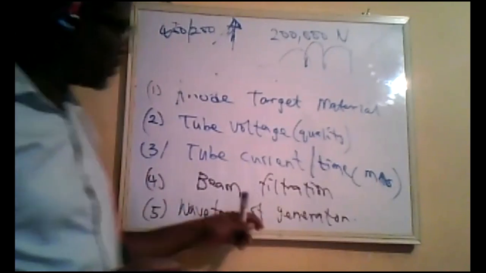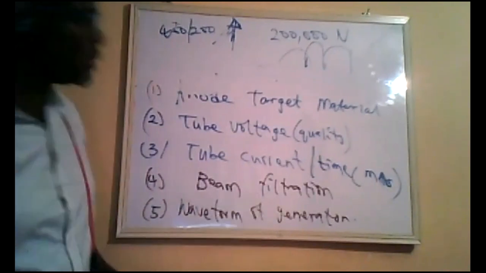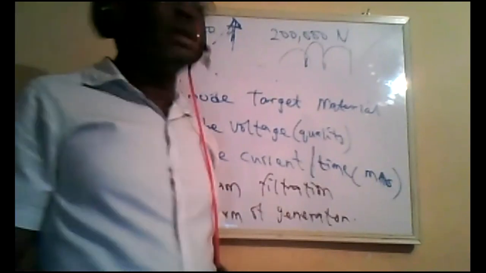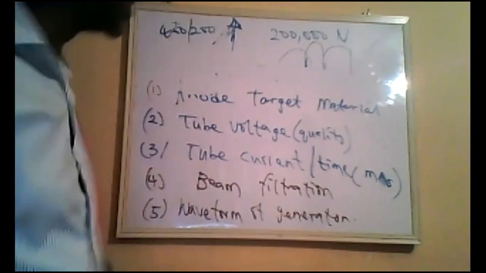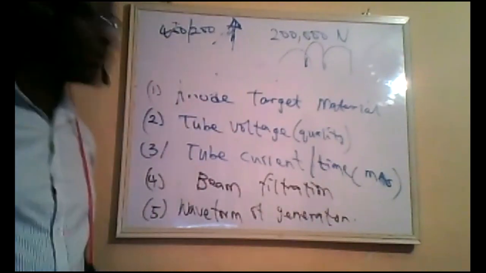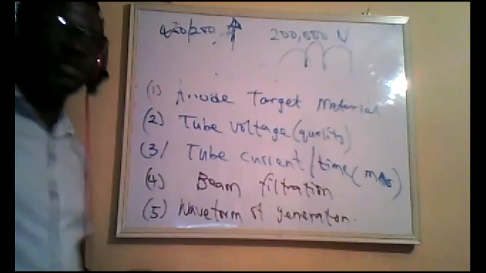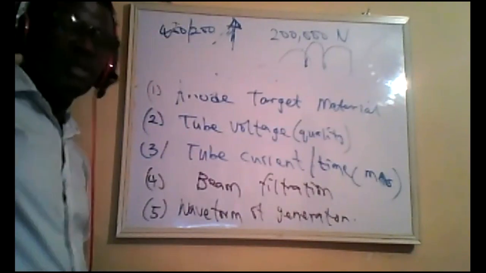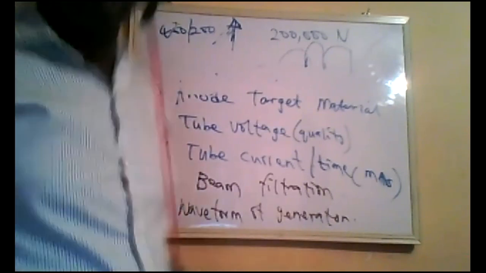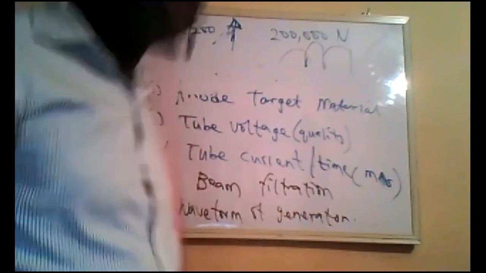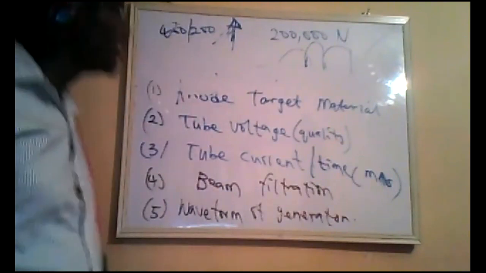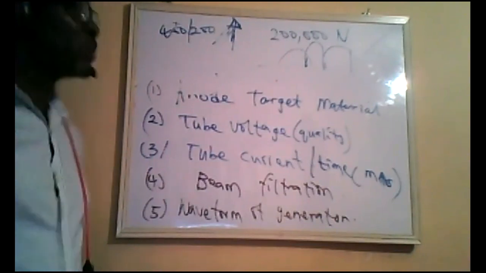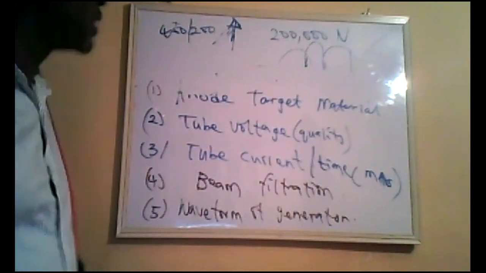So the waveform of the generator also helps in defining the type of X-ray that will come out from the machine, how the energy is going to be distributed, whether it will have a very good energy distribution or not. So the waveform of the generator is another factor that affects that.